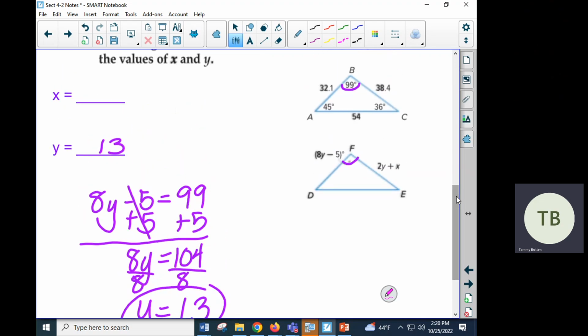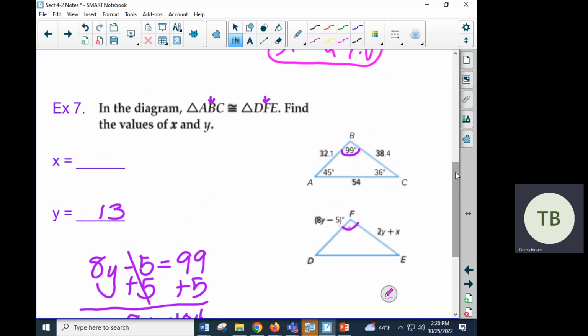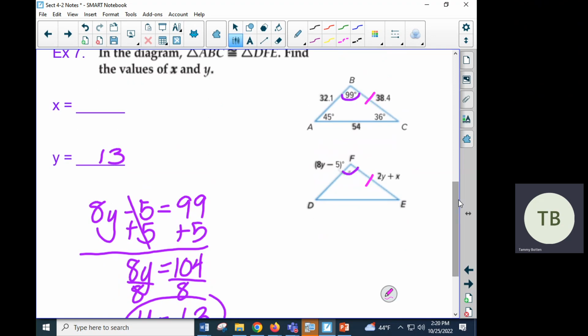Now, notice I have EF or FE, and it has an X and a Y. EF or FE is the last two. That's going to equal BC over here. So this side is going to equal that side. So I know that 2y plus X is going to equal the 38.4.